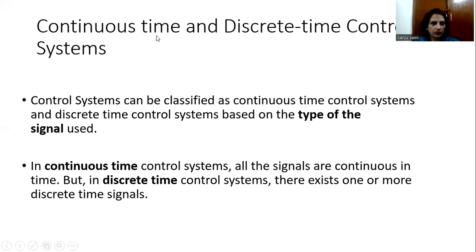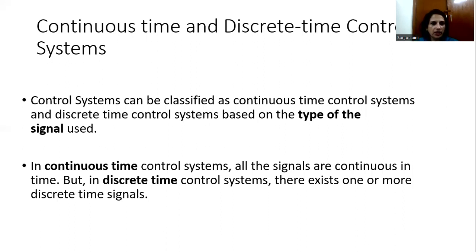But we know that nowadays we are having the controllers which are computer based, and the computer cannot understand any language other than zeros and ones. So with computers, we have to use the digital controller or the discrete time controller.